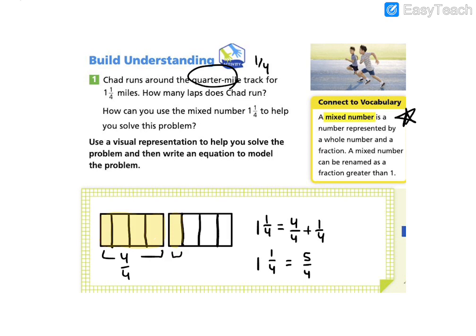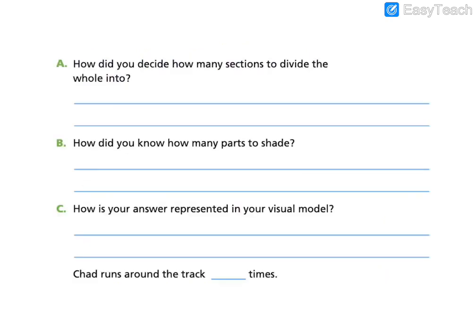Let's go ahead and answer our questions now. Letter A asks us, how did we decide how many sections to divide the whole into? Well, we knew that our unit fraction was 1/4, right? So since the track was 1/4 mile, the mile is in 4 quarters.